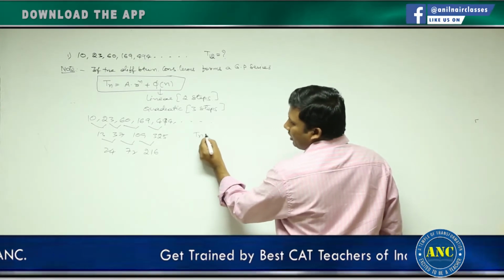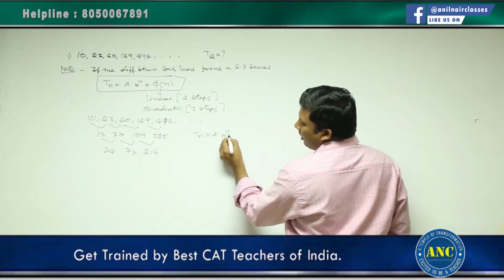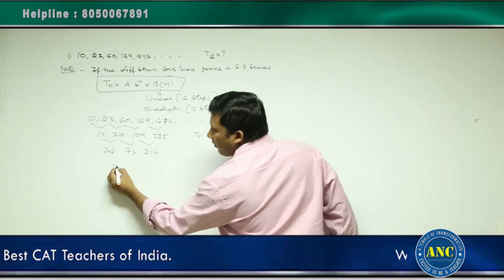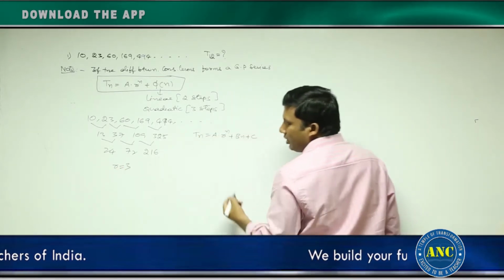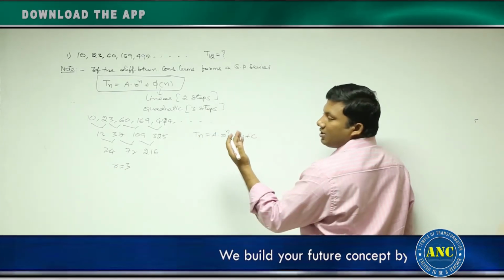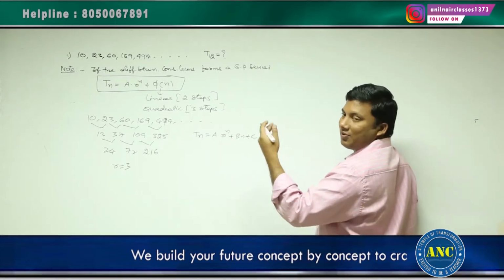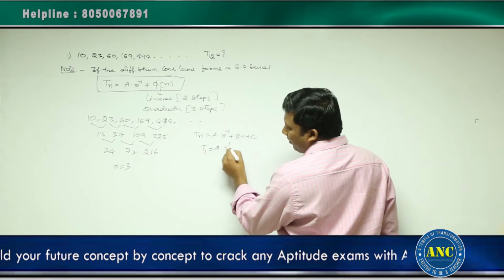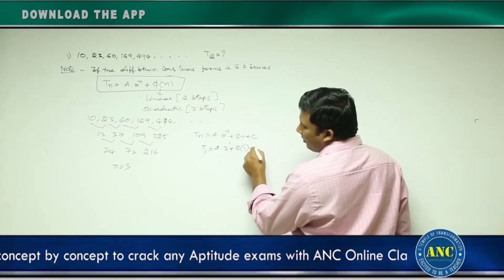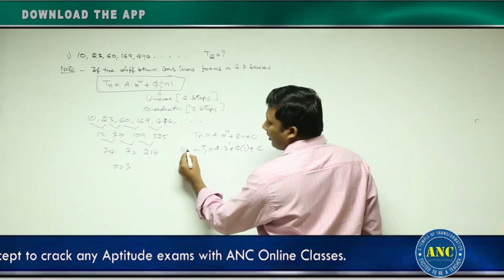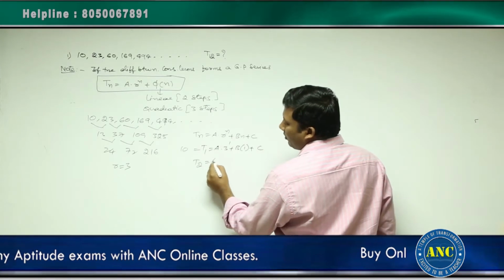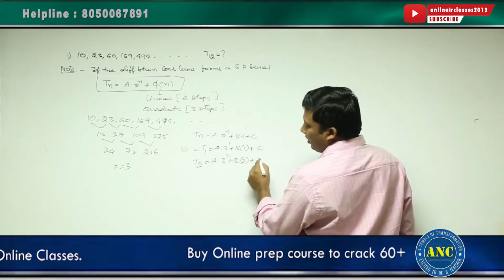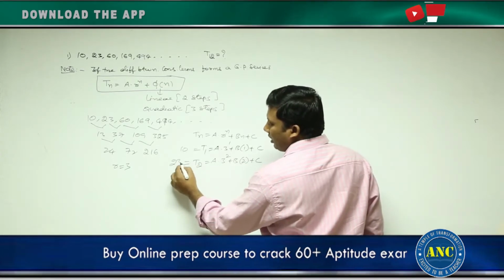So the nth term will become a into r power n plus bn plus c. Here the r value is 3. Yesterday we discussed what happens if the difference forms an AP series. Now it is a GP series. T1 is equivalent to a into 3 power 1 plus b into 1 plus c. First term is 10. T2 will become a into 3 square plus b into 2 plus c. This is 23.